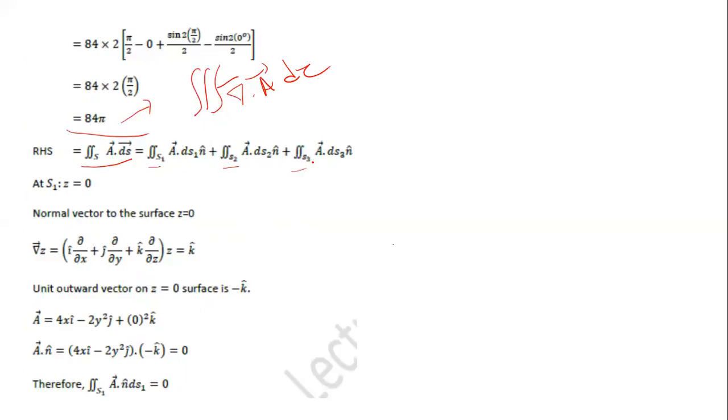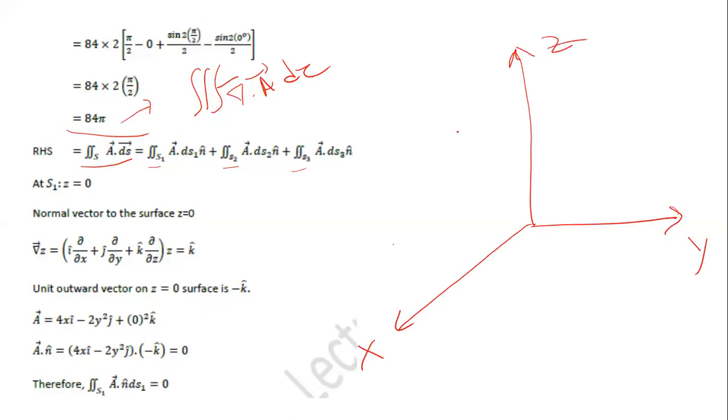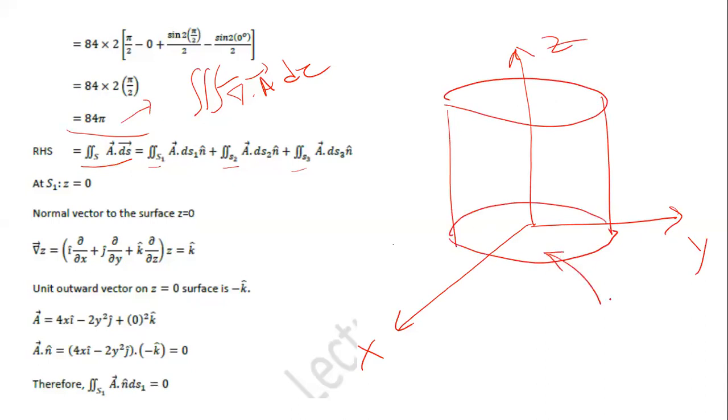So like this, let me just draw again. This is X, this is Y. Just try to picture the surface here. Now we are going to perform the surface integration. This is S1, and this is your second surface. The third surface is the surface S3 like this.